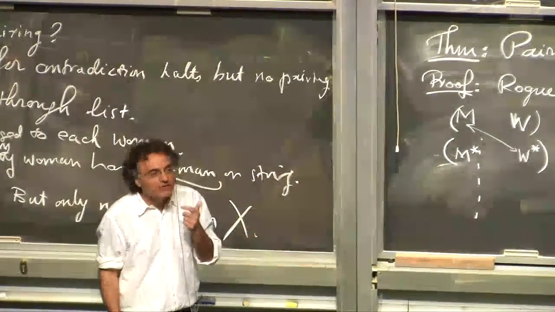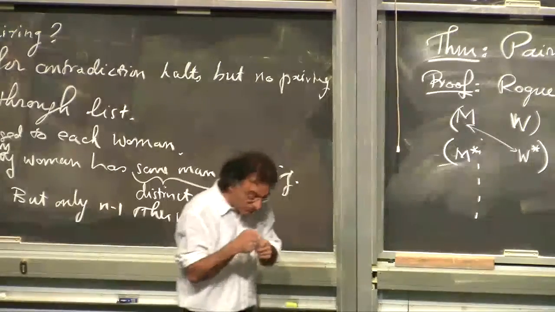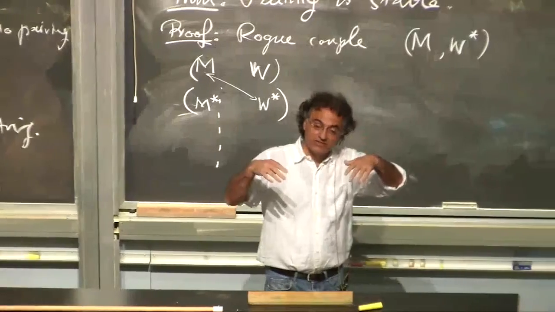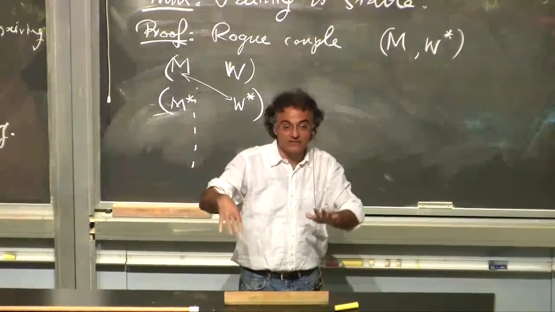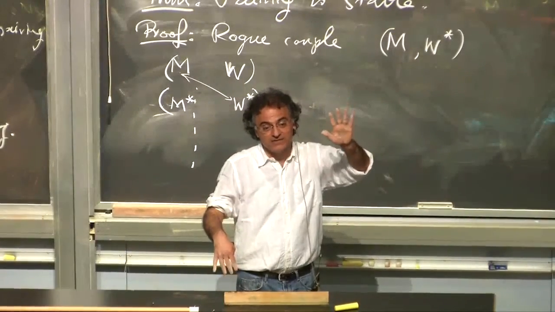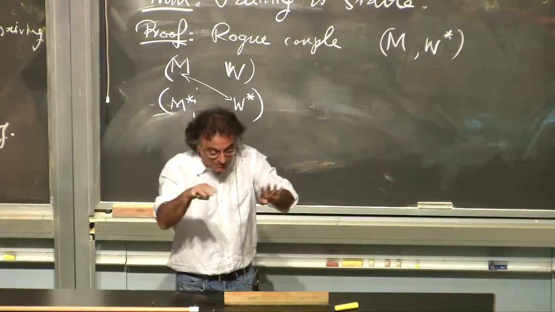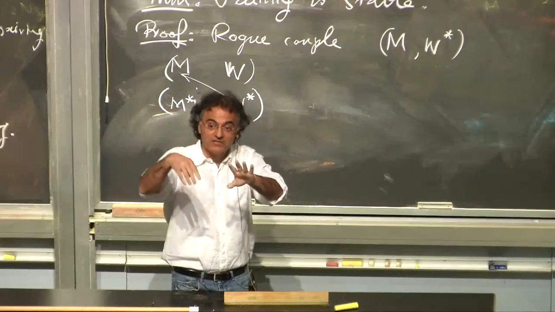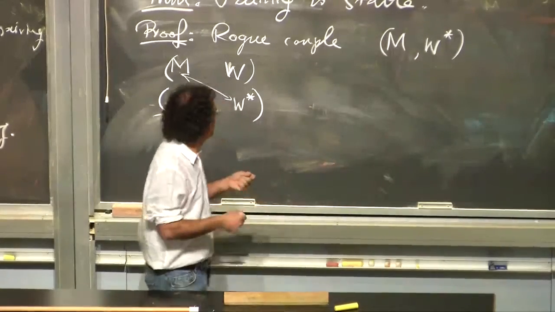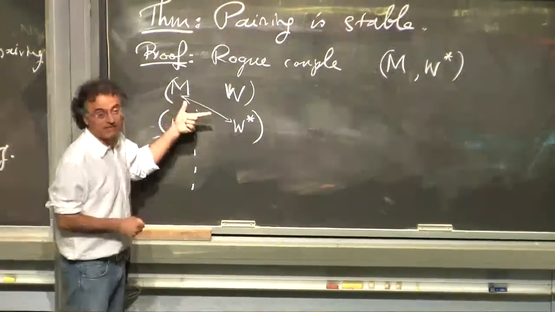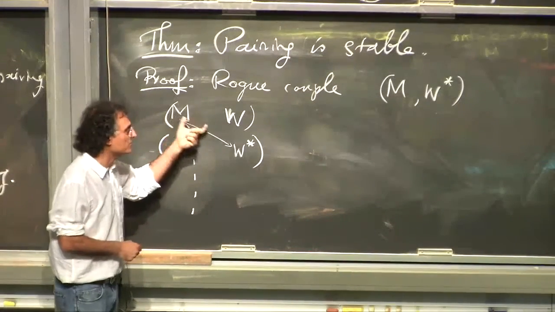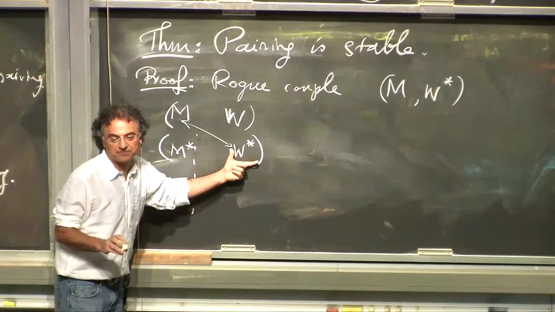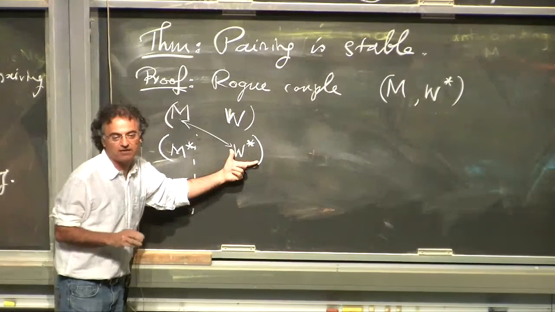We are going to carry out a formal proof, but the reason is this notion that for men things get worse and worse, while for women they get better and better in this algorithm. The fact that they're going in opposite directions allows you to infer that the pairing is stable. If M preferred W star, then he can't have her.